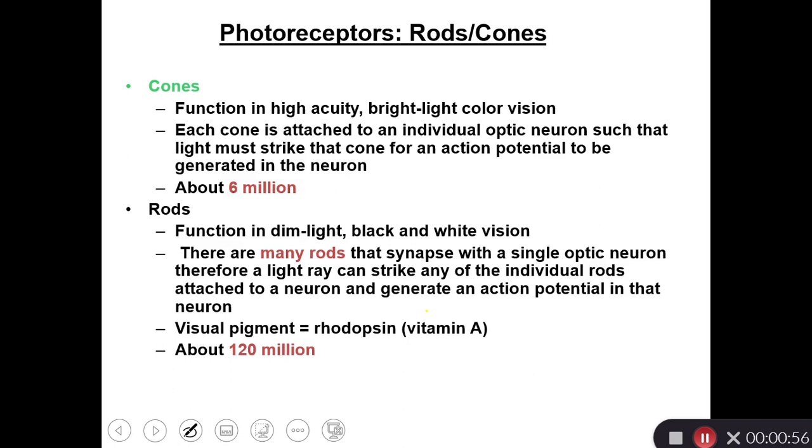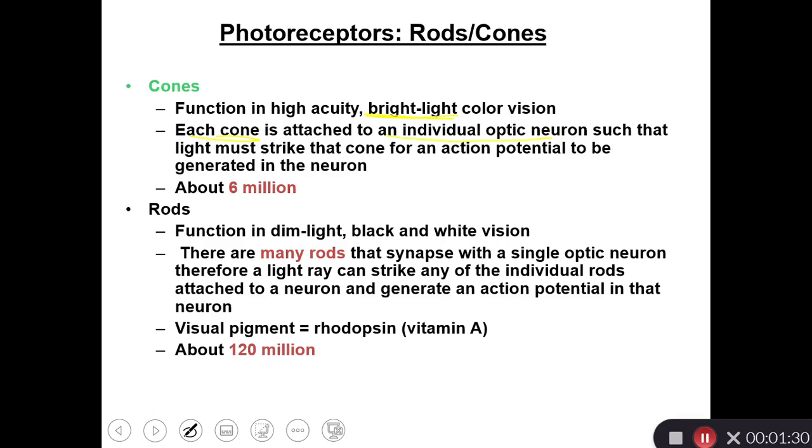The photoreceptors are two types, rods and cones. The cones are the clearest for clarity. So they work during the daytime, in bright light, and also they are responsible for the color vision. Each cone is attached to one individual optic neuron.